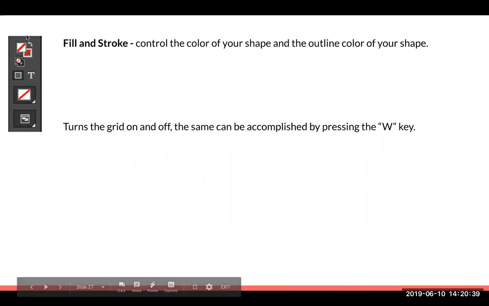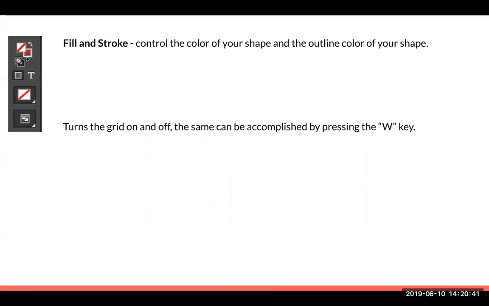This one is important, and I'm glad I zoomed in on it. This is the fill and stroke. So you would fill something with a color, and then you would have a stroke, which is like the border on the item. So this is how you control this. You can actually toggle. So let's say that it defaults and there's a black border on it, which for some reason InDesign loves to default things to have, and it's super annoying because a lot of times you obviously don't want that black border.